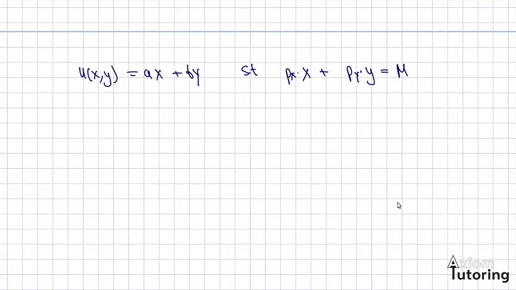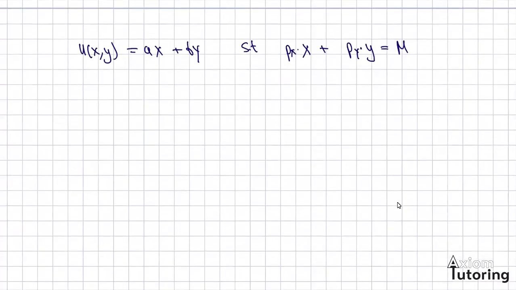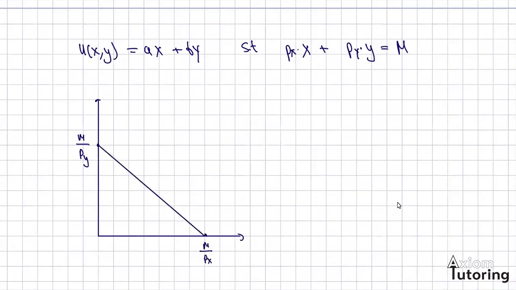The other way to visualize this is to plot the budget constraint. If I spend all my money on y, I get M over Py. If I spend all my money on x, I get M over Px. I connect these two, and I get a negative slope, which we've done in a previous video, which is minus Px over Py.